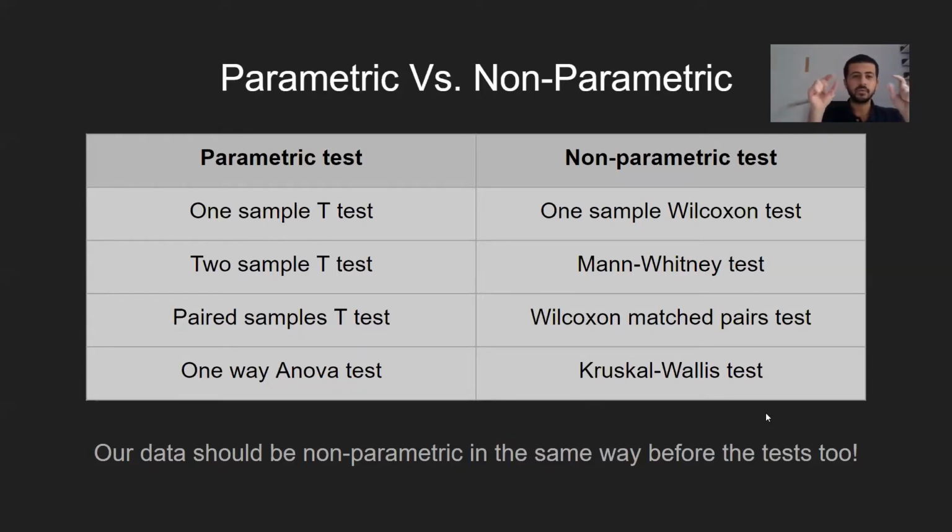If they both are right skewed, positively skewed or negatively skewed, or if both are having a problem with kurtosis in the same direction, to the positive kurtosis, for example. And how do we test for that? We just take the histogram for each one of these groups, and we compare them.